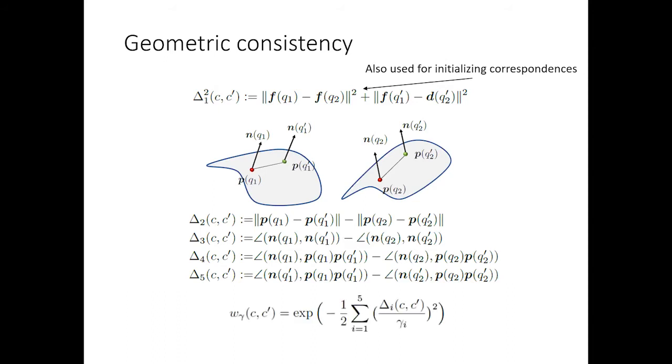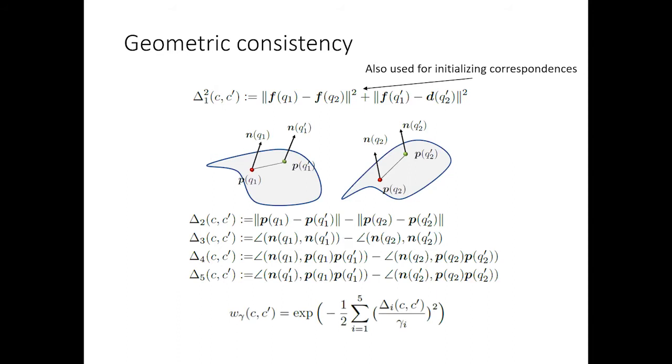Essentially we derive a score between pairs of correspondences. If you are familiar with graph matching or image matching, this is essentially the pairwise term that enforces smoothness. But in the 3D case, we preserve geometric consistency, the distance and angle.